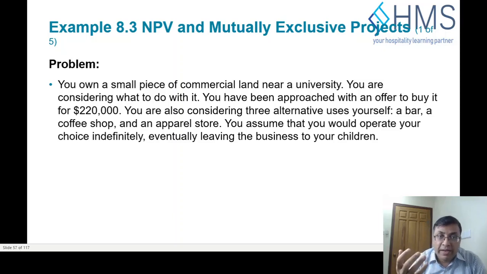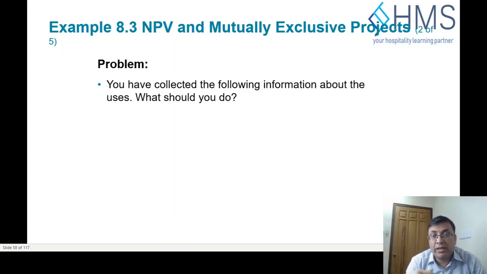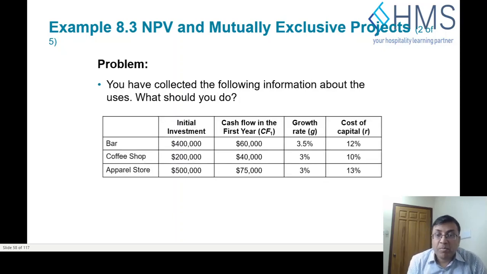You are given an example here that you have a small piece of commercial land. You have a choice to either sell it for 220,000, or you can do something by yourself where you will have a bar, a coffee shop, or an apparel store. Then you can eventually leave that for your business. So if you have some information like this, what would you do?